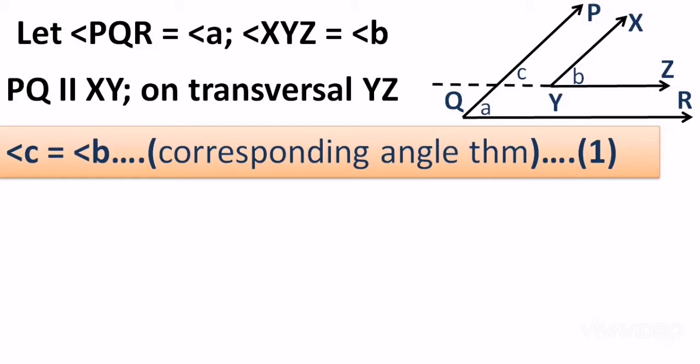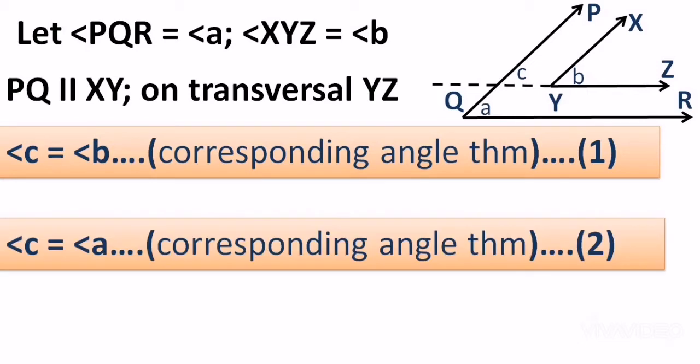So by the corresponding angle theorem, since PQ and XY are parallel, we can say angle C is congruent to angle B. Now, considering transversal PQ itself, previously we considered transversal YZ, and now we are considering transversal PQ, and on that PQ we can say C and A, if you observe, both are on the right side, and both are above the parallel lines, right?